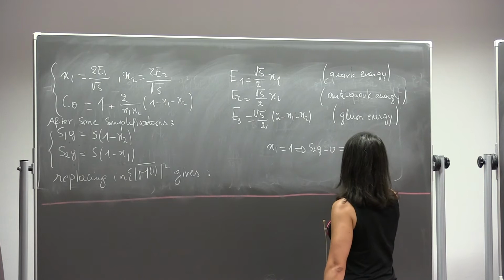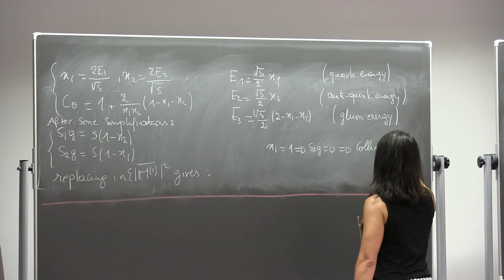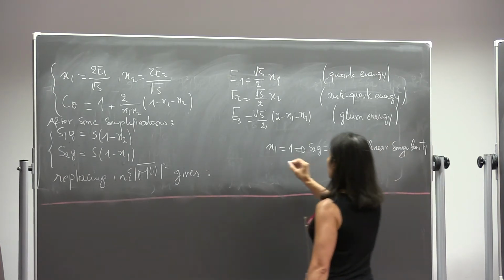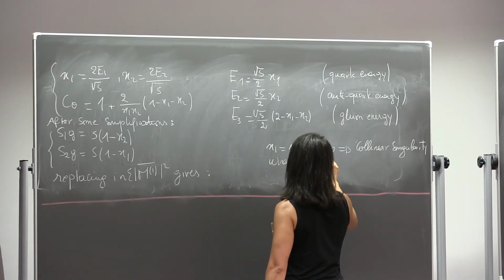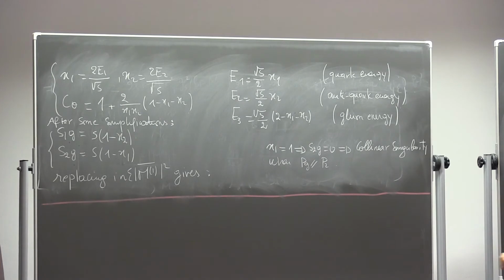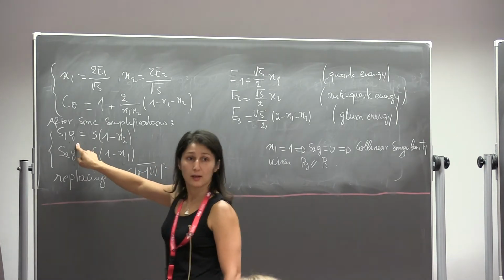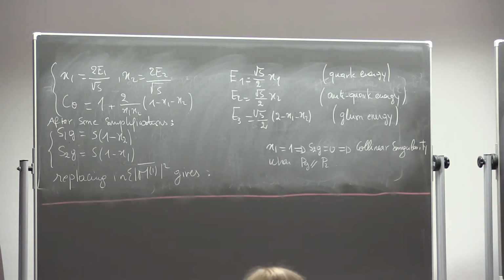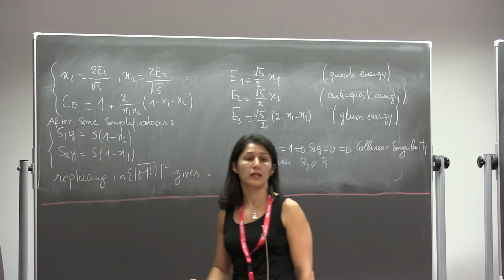And this is a collinear singularity when PG becomes collinear to P2. Similarly, you can see when x2 equals 1, S1G vanishes, but the energy does not vanish. Again, this is a pure collinear singularity, and it corresponds to the gluon being collinear to P1.